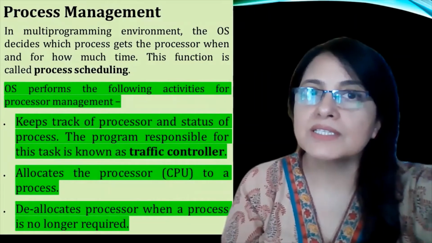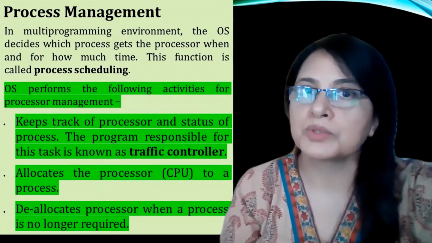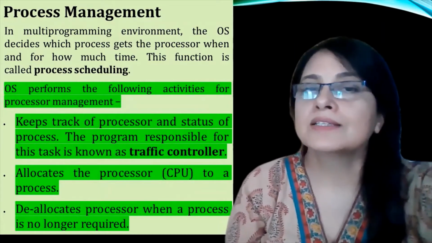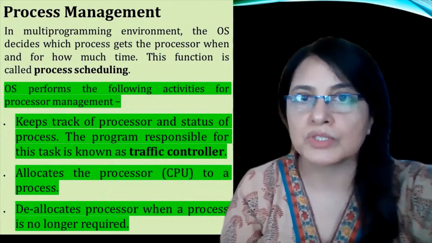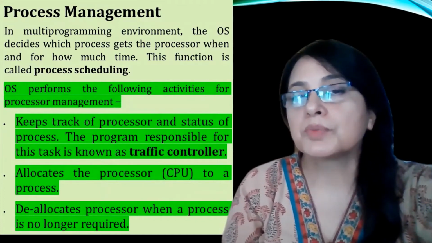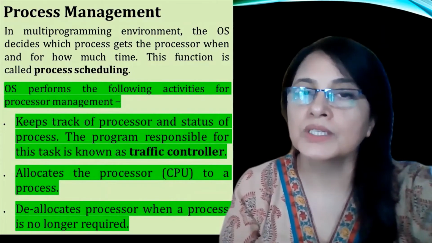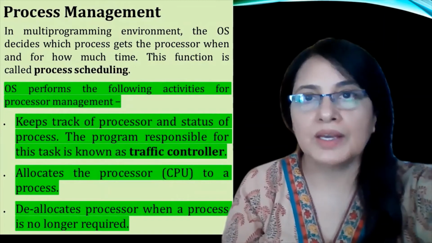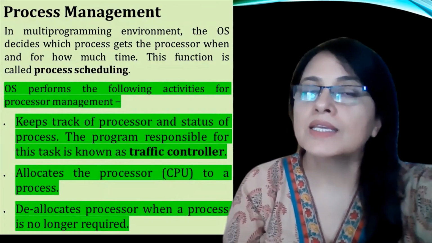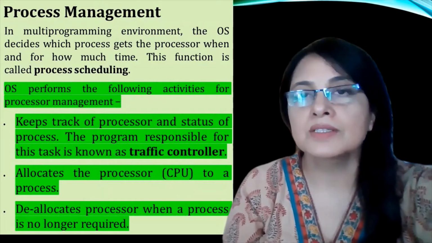So the activities of the operating system in terms of processor management are that it keeps track of the processor and the status of each process. The program responsible for this task is known as the traffic controller, and it allocates the processor or the CPU to every process that needs it. It deallocates it when that process no longer requires the CPU.